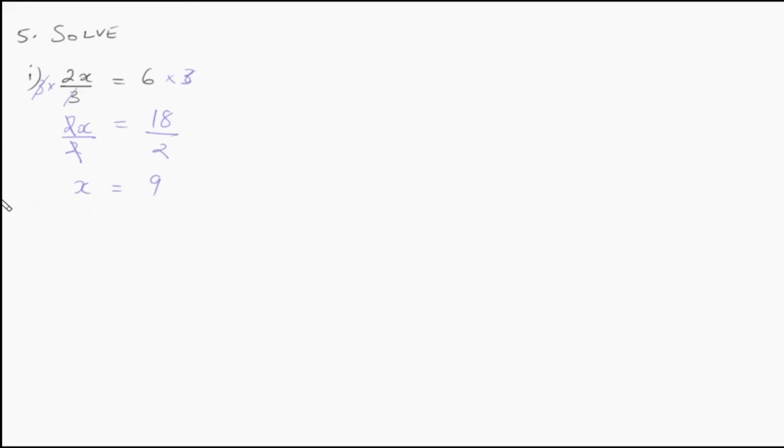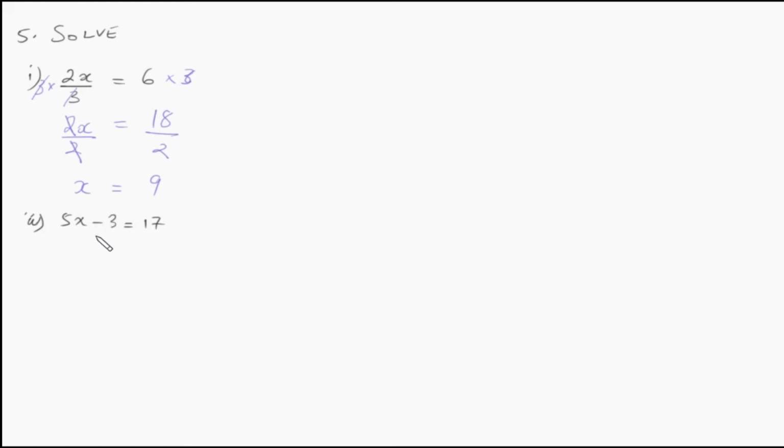Now, let's look at this one. 5x minus 3 equals 17. Solve. You want to find x. Let's remove this term first.